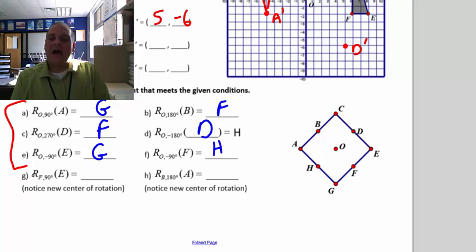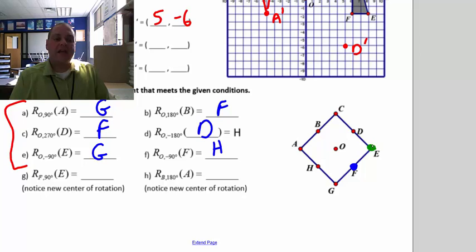Okay, now different center of rotation. Now the center of rotation is F, and we want to start at point E and rotate 90 about point F. Now it's kind of like, where are we going, right?